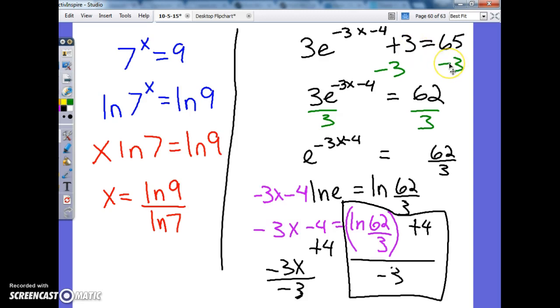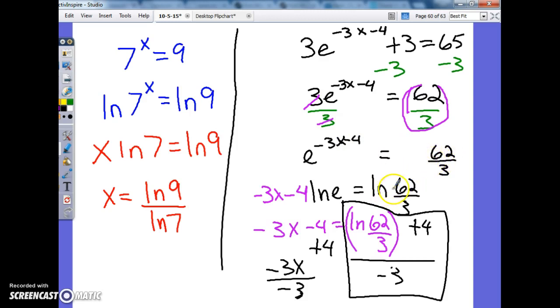So I subtract 3 from both sides, and then I've got 3e to this exponent equals 62, and then I get rid of this 3 times e by dividing, and that cancels out, and I get e to the negative 3x minus 4 equals 62 over 3.